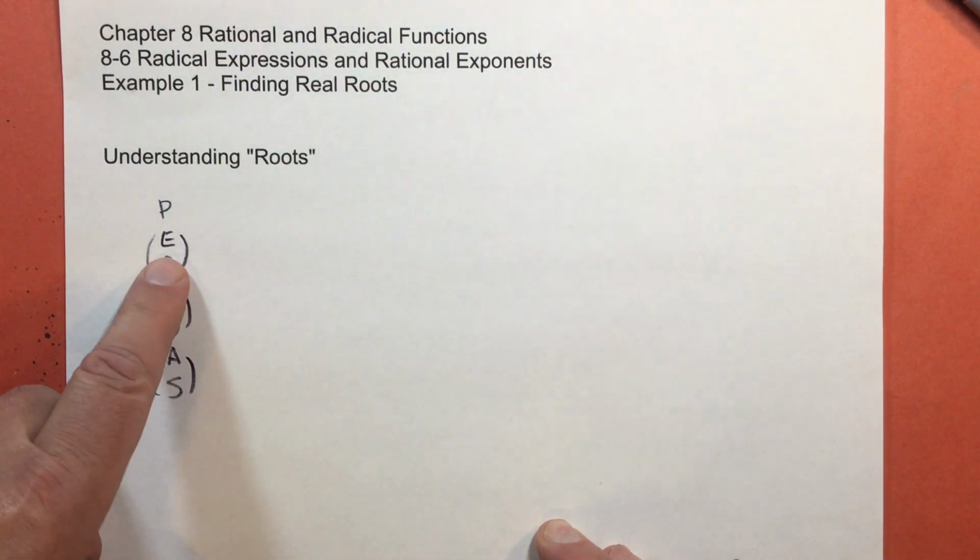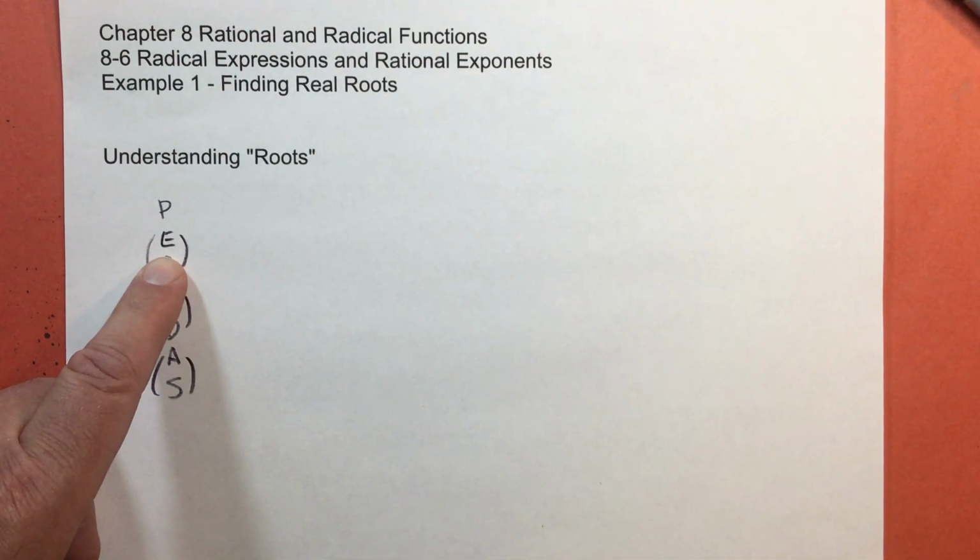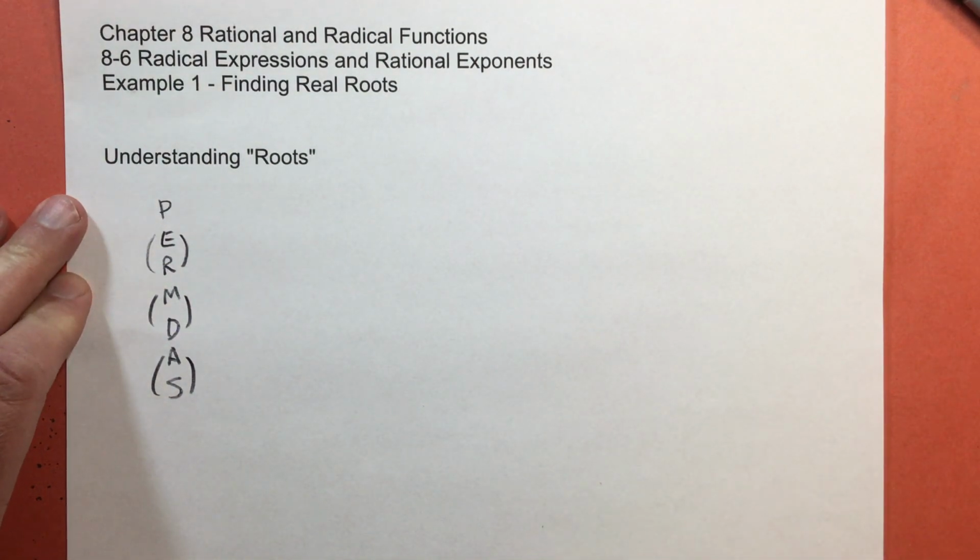So let's talk about exponents for just a moment. We've seen this before. We've used it a lot. We did an entire section in Chapter 5 over x to the second power.